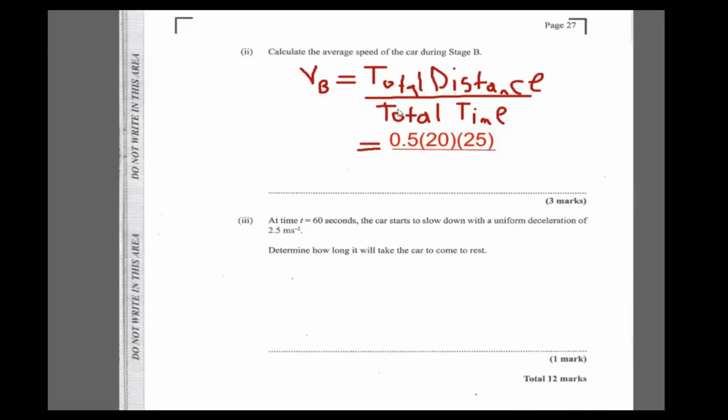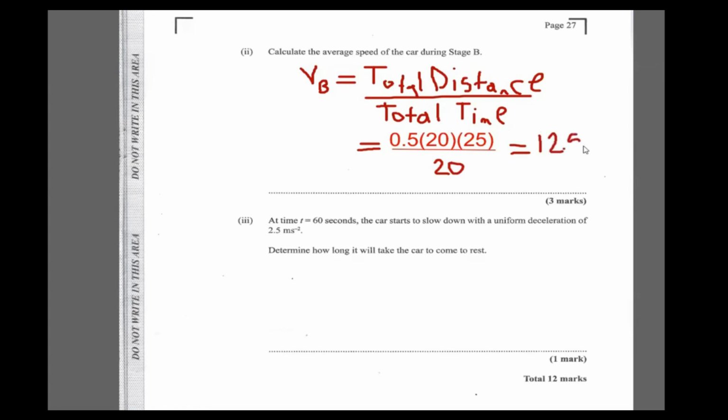Then divided by total time, which as we saw is 20. So that's 0.5 times 20 times 25 divided by 20, which is 12.5 meters per second.